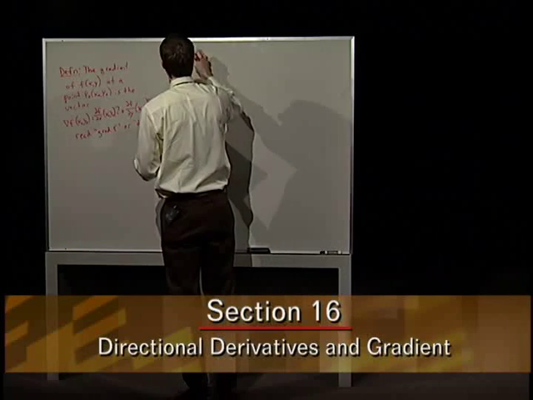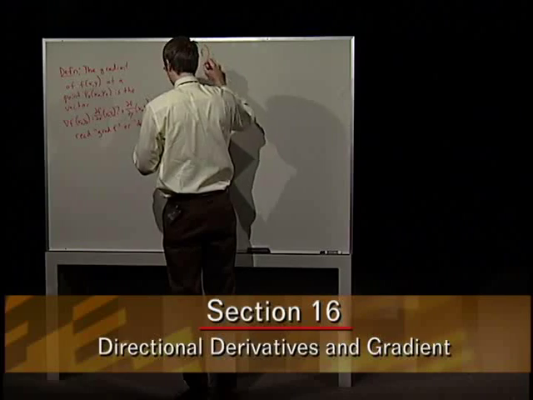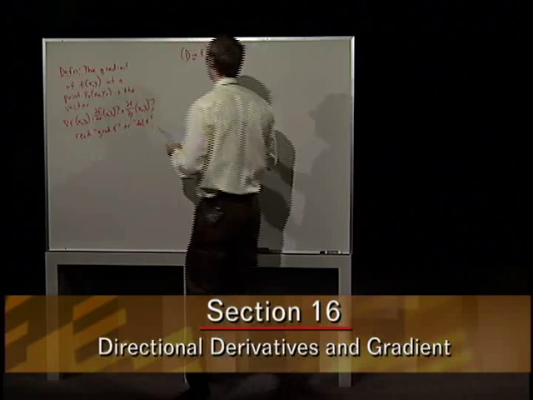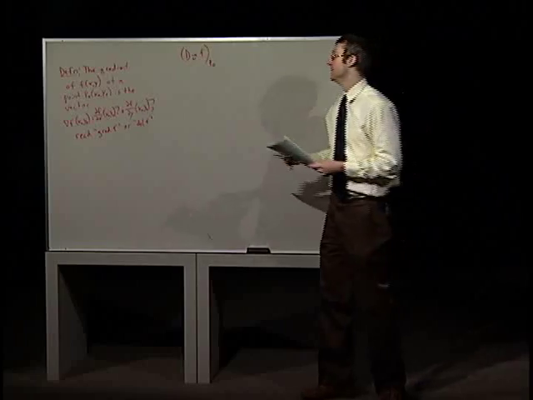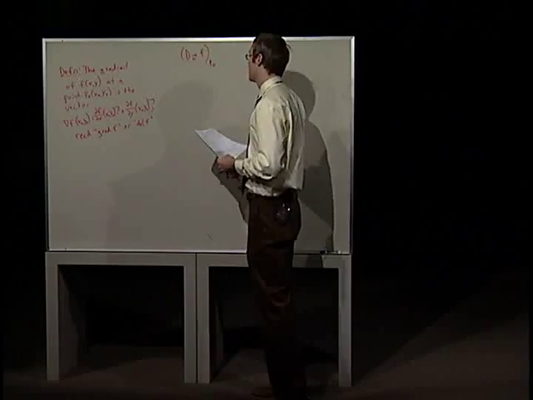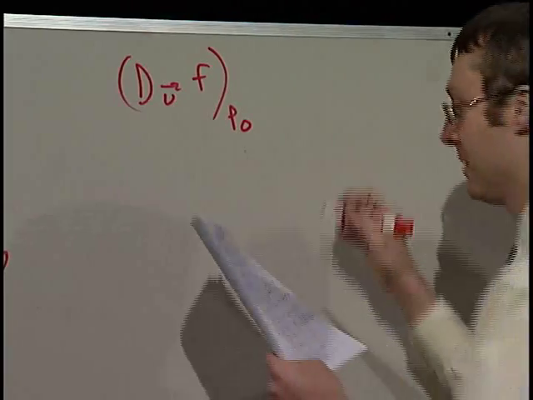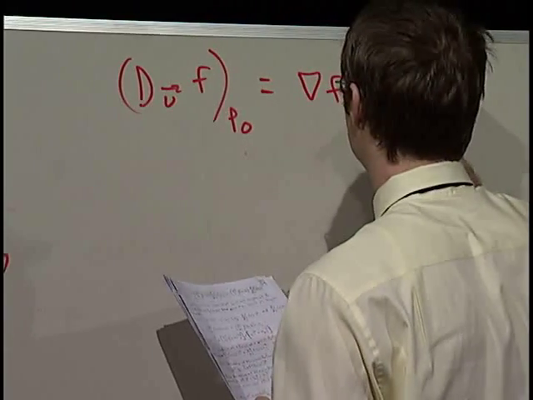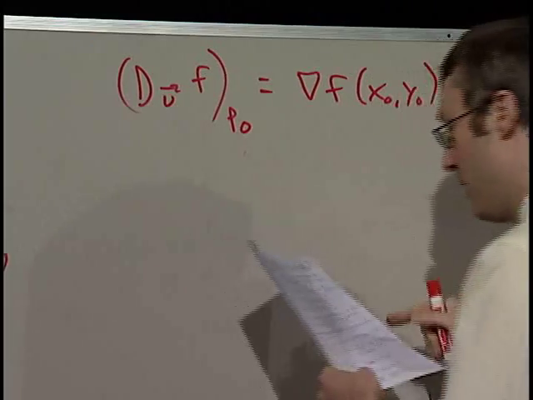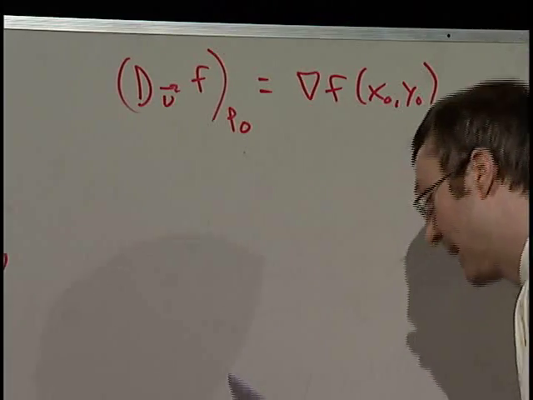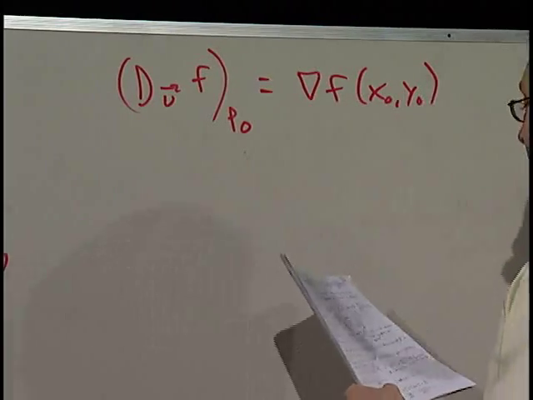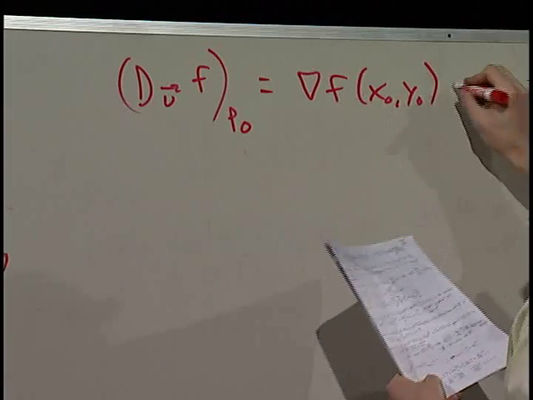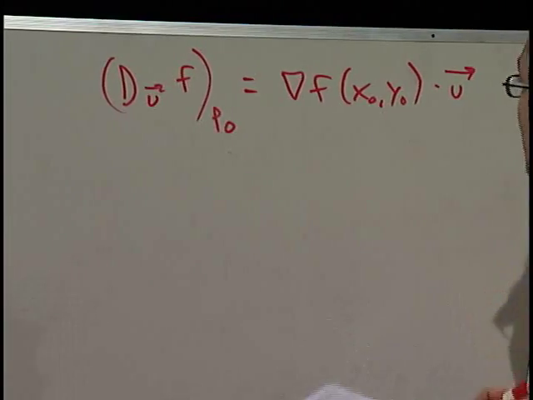So D_u f at p naught. This is a simpler notation than the other one, in my opinion. This is the directional derivative in the direction of u at p naught. It's the dot product of grad f at (x naught, y naught) with u, right?